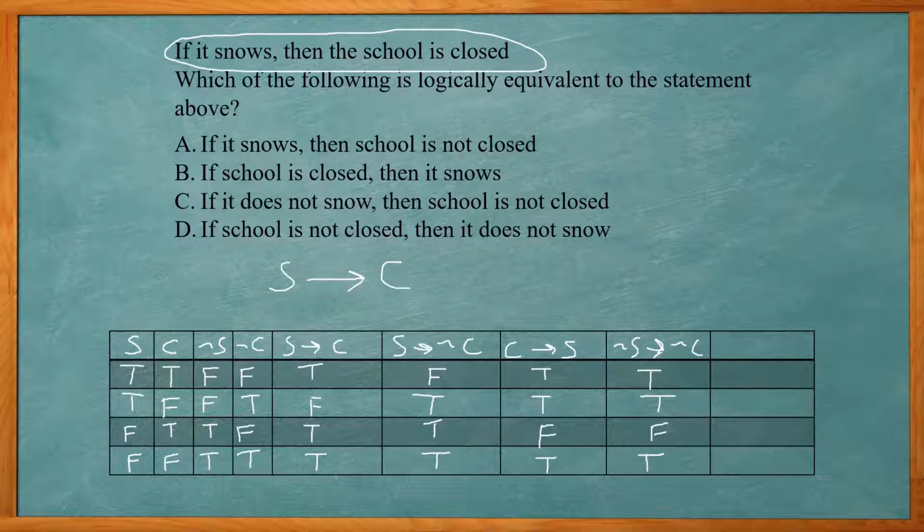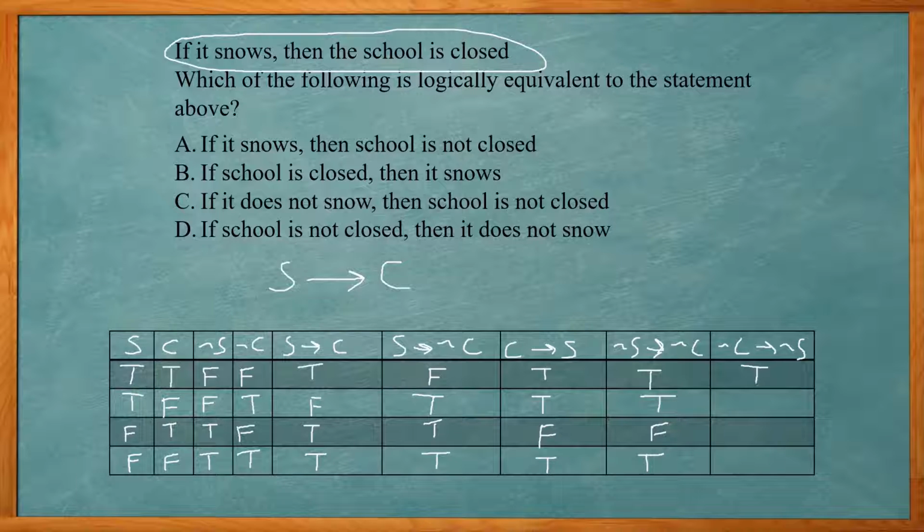So let's try D. If the school is not closed, then it does not snow. So not closed is not C, implies and it does not snow, so not S. So I'm going to look at the not C and not S column. Okay, so does false imply false?